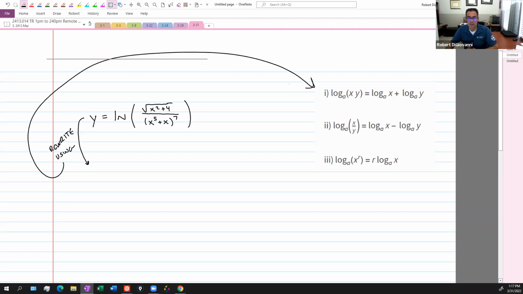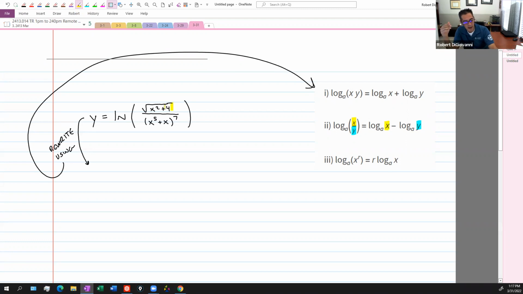So the first thing let's notice is that the second property says if you've got a logarithm, and then you have a fraction in the logarithm, something yellow on top and something blue on the bottom, then it turns into two logs that are being subtracted, where you put the yellow thing in the first log and the blue thing in the second log.